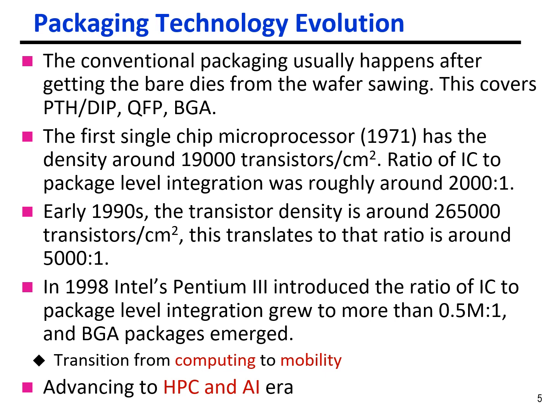As you can see, this shows the trend of integration. Moving to around 2000, the ratio went up to 0.5 million to 1. At that time, the ball grid array emerged, and we also had the transition from computing to mobility. But right now, we're going back to computing, advancing to the HPC and AI era.